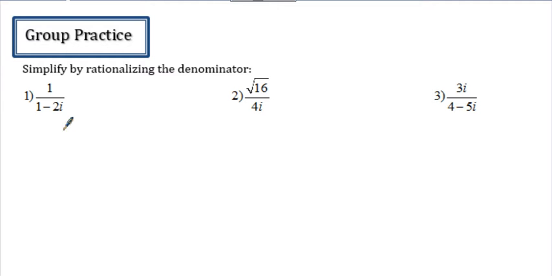So the first one, this denominator is not a rational number, right? This is not a rational number. But we can make that denominator rational by using the conjugate. What is the conjugate for 1 minus 2i? Hopefully you said 1 plus 2i. We changed the sign of the middle.